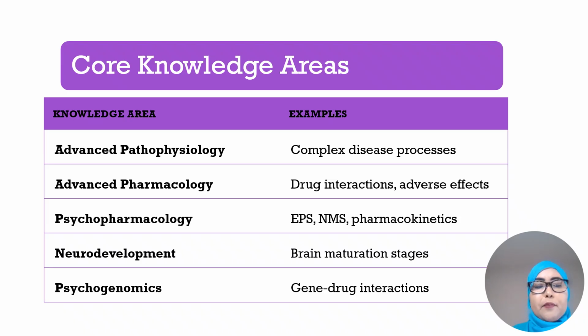symptoms, psychopharmacology symptoms such as EPS, NMS, pharmacokinetics, how to choose the best drug, how to assess when you prescribe the medication, how you choose which one is best, how to follow up, how to assess the symptoms, how to educate the patient, and the neurodevelopment, brain development stages, and the psychogenomics, gene and drug interaction.